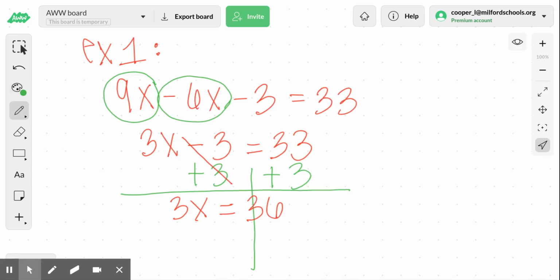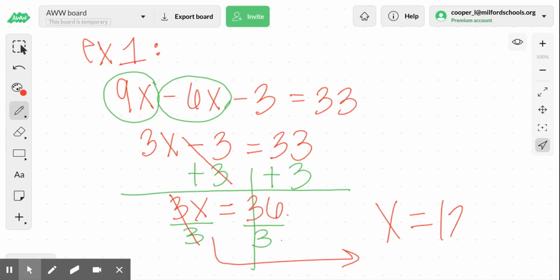I then do my last inverse operation, which would be to divide by 3. Once you do the inverse, you can cross it out. And I'm going to bring it over here. x equals 36 divided by 3 is 12, and that's your final answer.